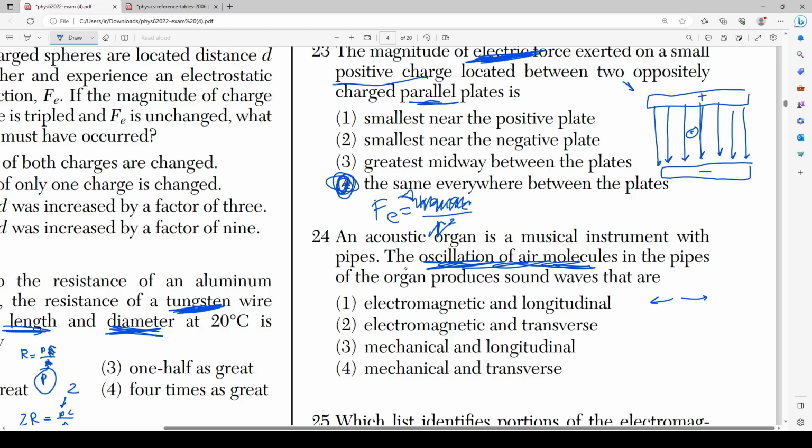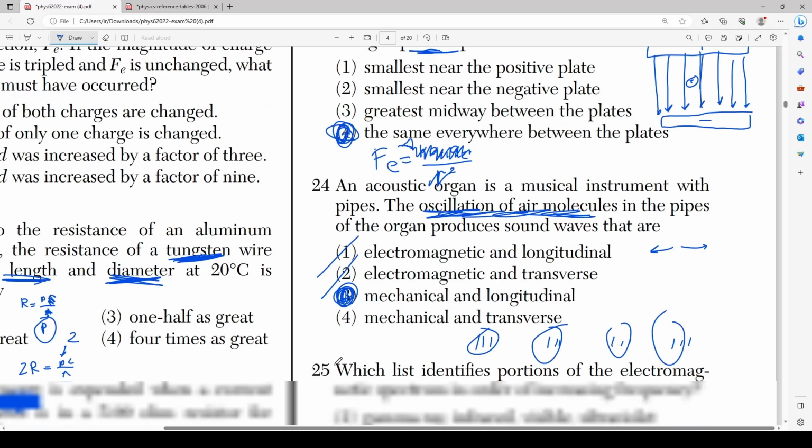Because sound waves are the oscillation of air molecules, it has to be a mechanical wave, because it has to deal with movement. And obviously sound waves, if you didn't know this, are longitudinal, which means they look something like this. They go in these pulses, and each one is like a peak or a trough, and that's it.